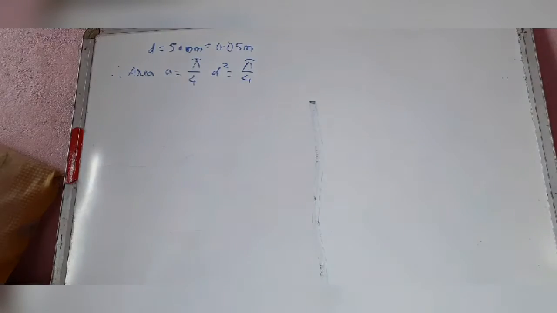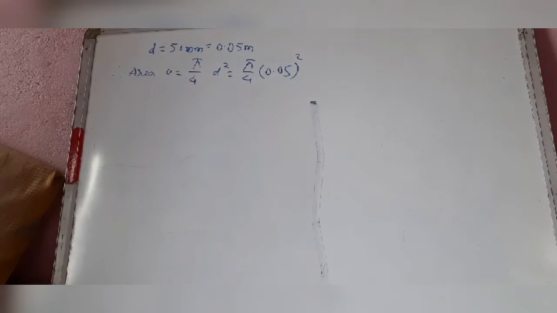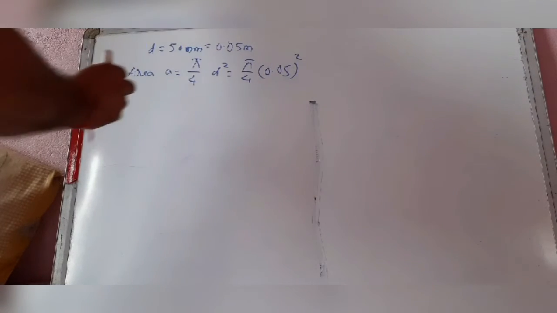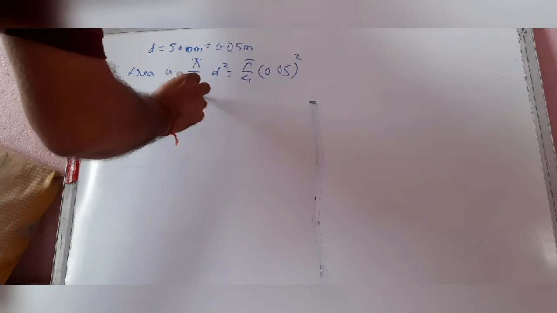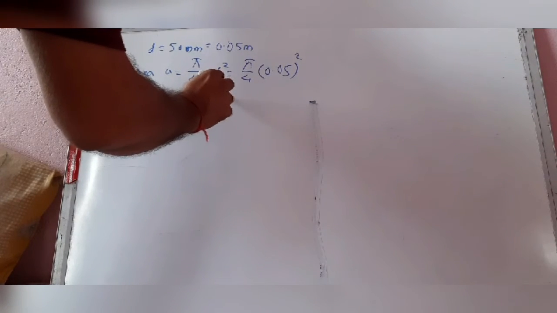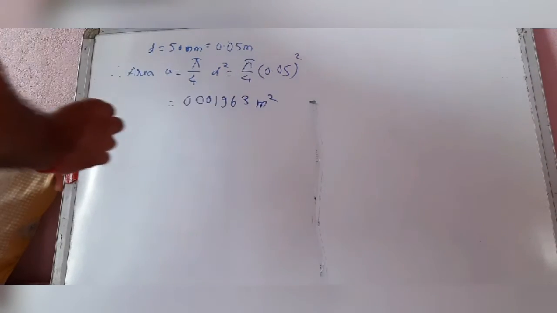Putting the value, pi by 4 into 0.05 square. So the area comes equal to 0.001963 meter square.